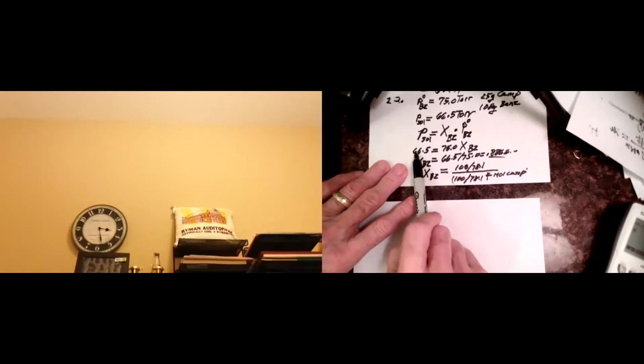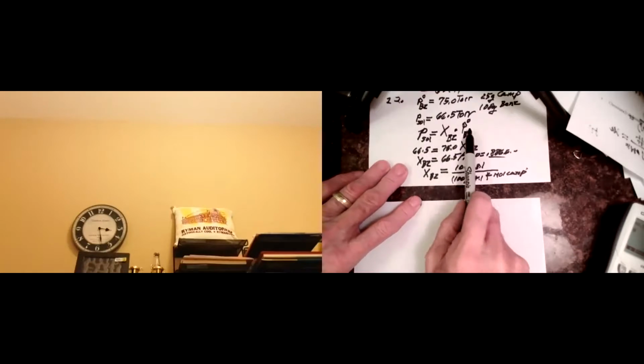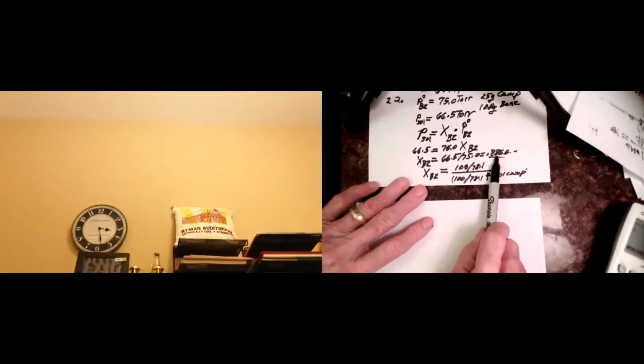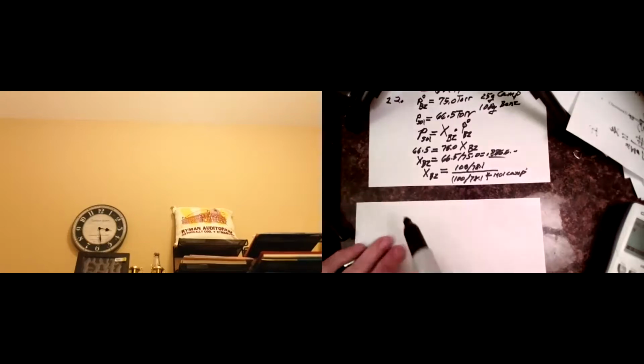The pressure of the solution was 66.5. The pressure of pure benzene is 75, so I can solve for that mole fraction by taking this and dividing by this, and I get this number. So the mole fraction of benzene is 0.886.